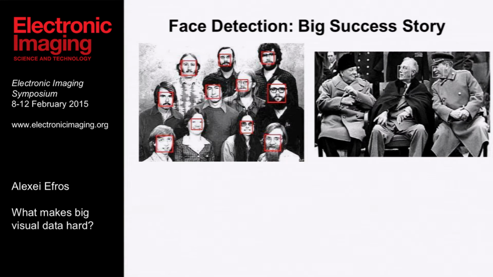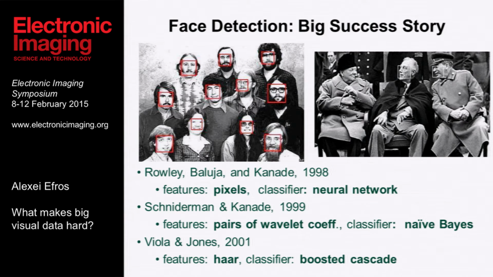Actually, there were 3 papers in quick succession that all 3 got Test of Time awards from, I think, CVPR. There was Rowley, Baluja, Kanade in 98, Schneiderman, Kanade in 99, and Viola and Jones in 2001, that all produced face detection results way, way better than before.